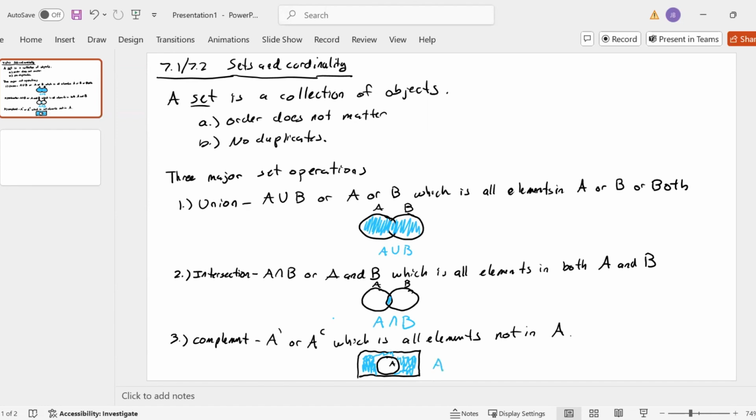So that's A^C. Those are the major three. Do know those because they are important.